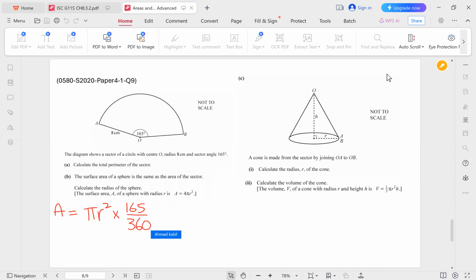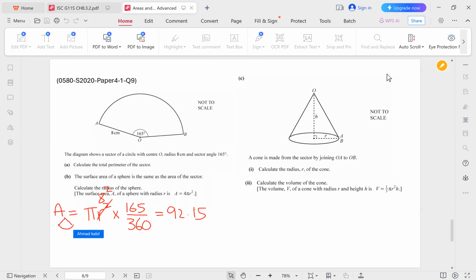So instead of R, we can put 8, so it would be 8 to the power 2, and we can just use the calculator to get the area of the sector. So pi times 8 squared times 165 divided by 360. This would give us 92.15. This would be the area of the sector.